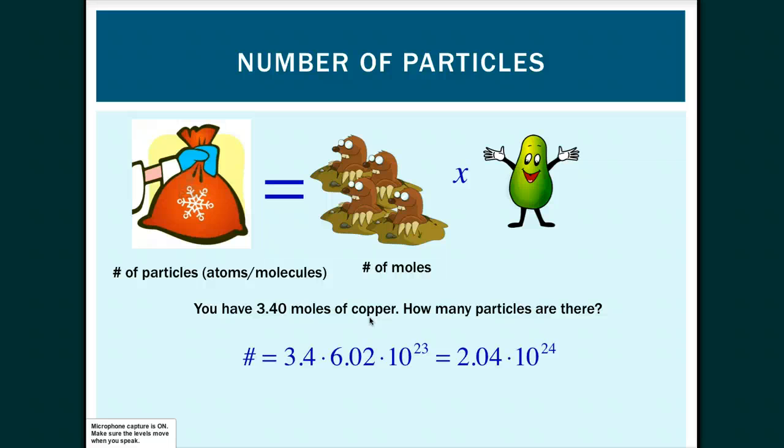Anyway, I take my 3.4 and multiply it by, ooh, I forgot a 0. Bad person. This is a 0 to keep my sig figs happy. So 3.40 times 6.02 times 10 to the 23rd gives me 2.04, because I have to cut to 3 sig figs, times 10 to the 24th.